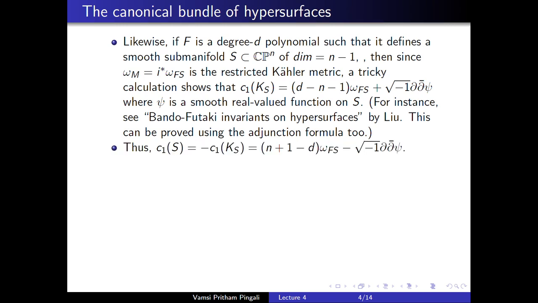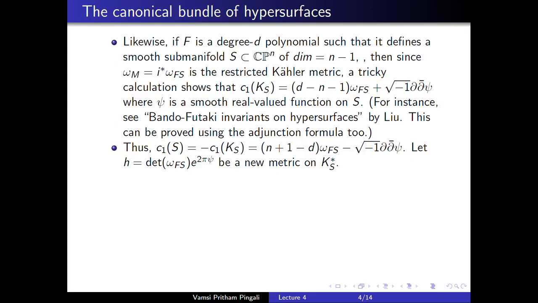Recall that if you take a holomorphic vector bundle, its first Chern form is the same as the first Chern form of its determinant line bundle, right? So the first Chern form of the manifold S is the first Chern form of the anti-canonical bundle, which is the negative of the first Chern form of the canonical bundle. So it's just the negative of the previous formula.